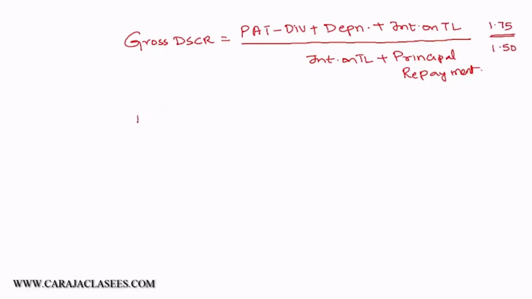Then comes net DSCR. What is net DSCR? Here the focus is on the cash flows that are available for servicing the principal. It means we'll take PAT minus dividend plus depreciation divided by principal repayment.